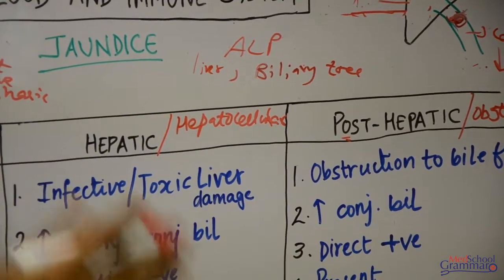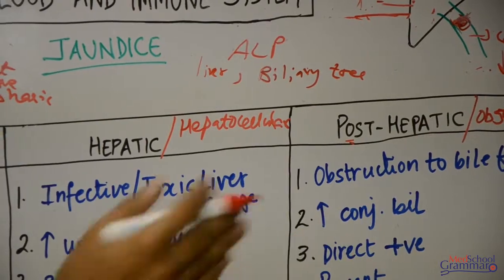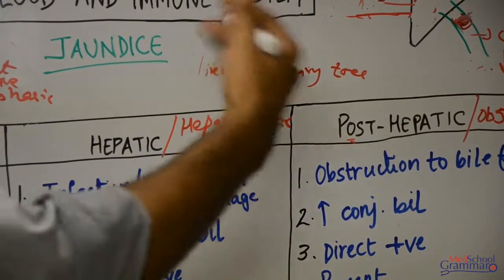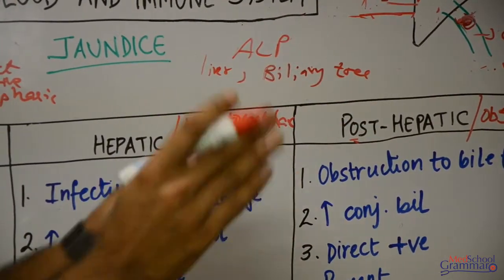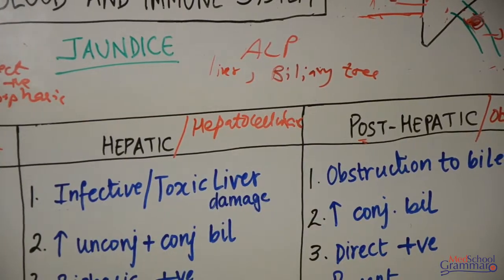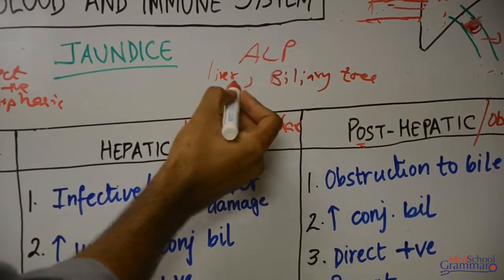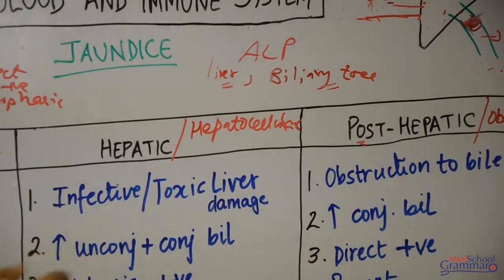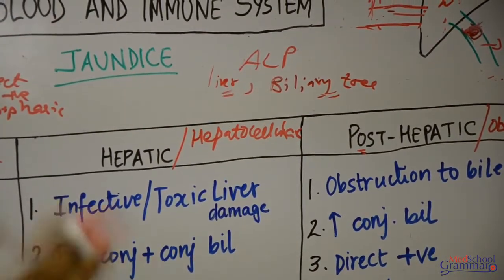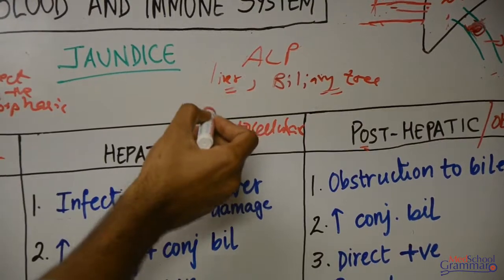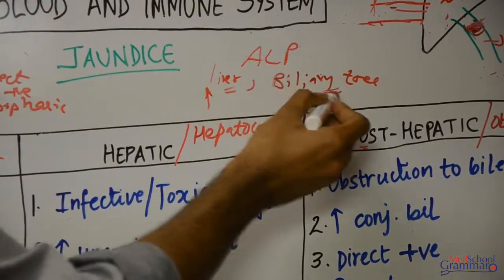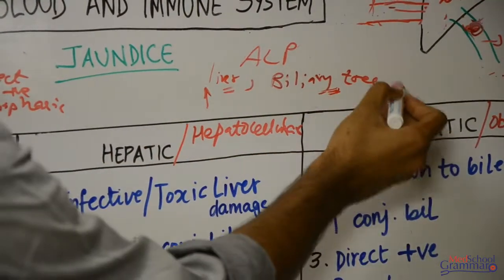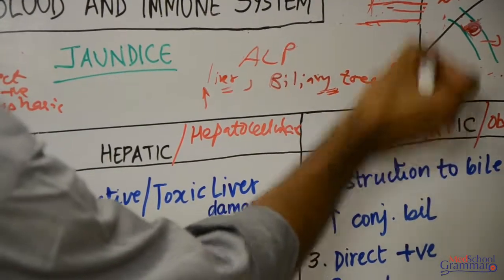Therefore, we can diagnose or detect various conditions based on the enzyme levels. We have designated specific organs to have specific enzymes. In this case, the liver has a small amount of ALP, alkaline phosphatase, but the biliary tree has large amounts of alkaline phosphatase, right? So whenever there is liver damage, a small increase will be seen, but whenever there is biliary tree damage, as in obstructive jaundice, a large increase will be seen.